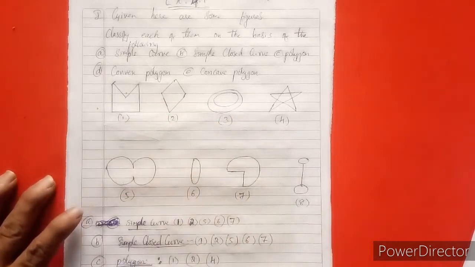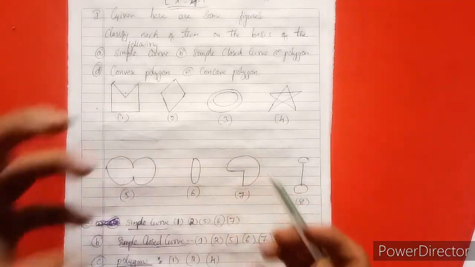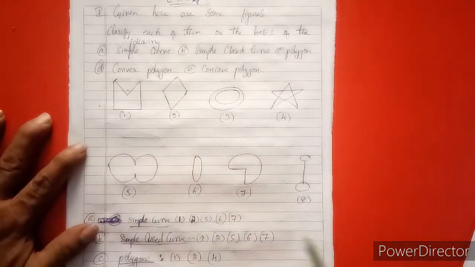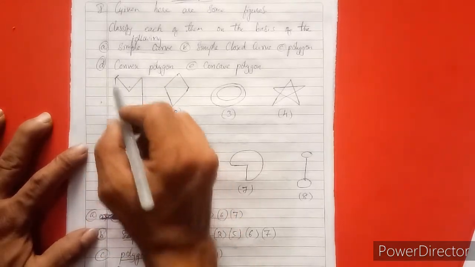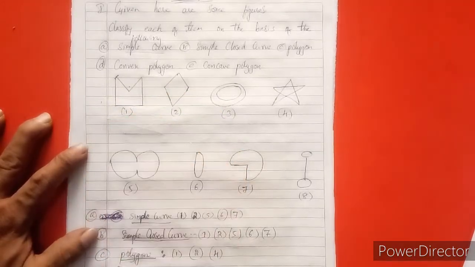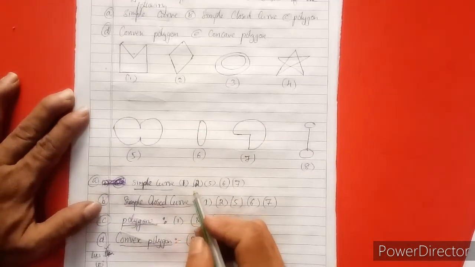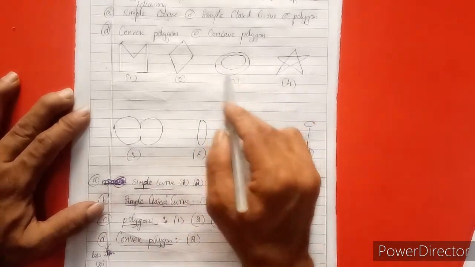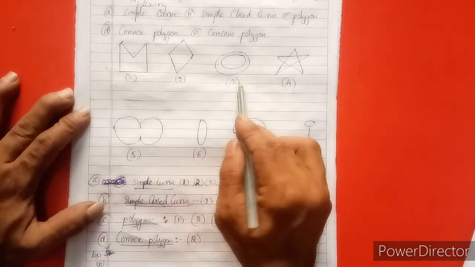to the given figures we have to consider, first we have to take the simple curves. Which are the simple figures? We have to pick them and write them. First, simple curves. We can draw this easily. The second also we can draw easily. The third one has one ring inside and one circle outside. That is not a simple curve.